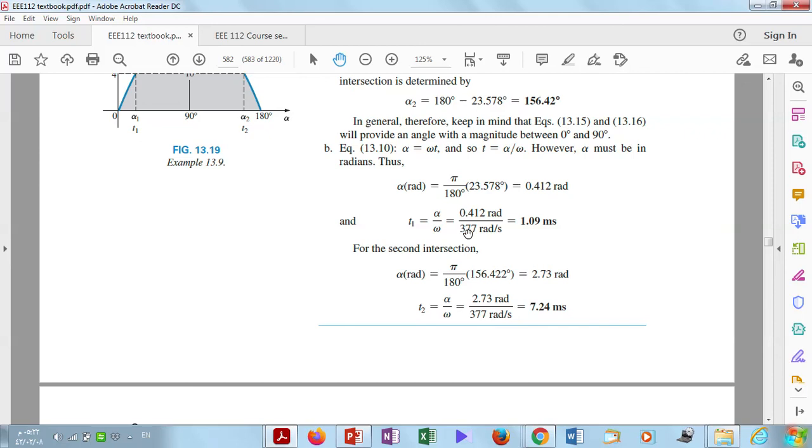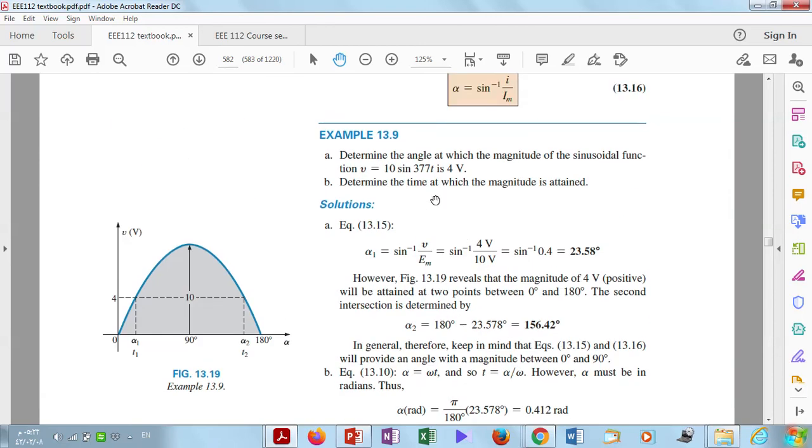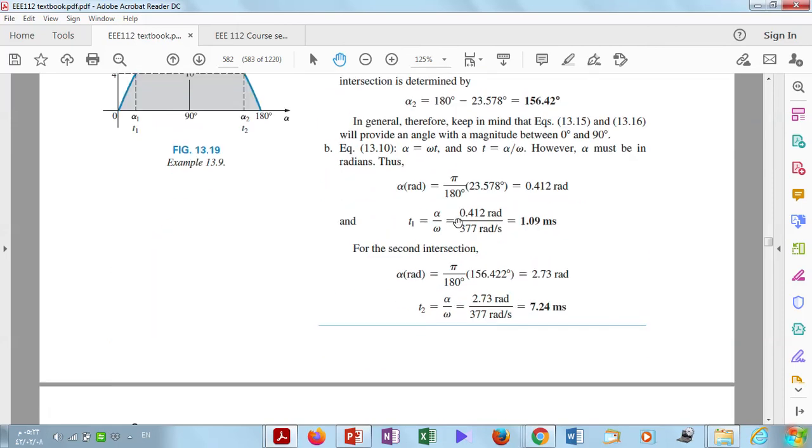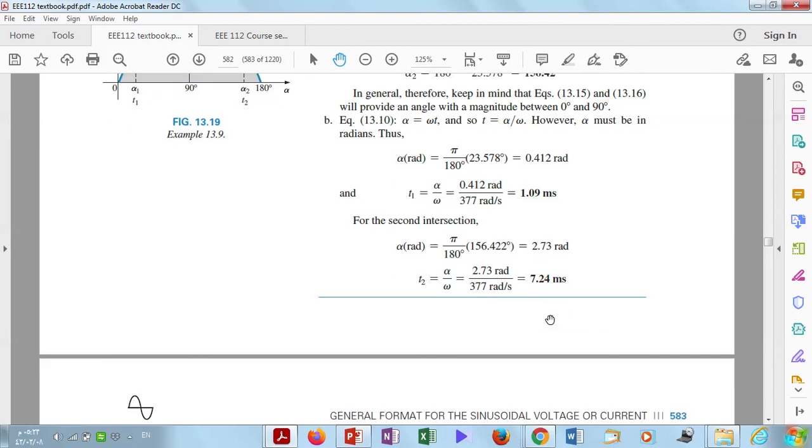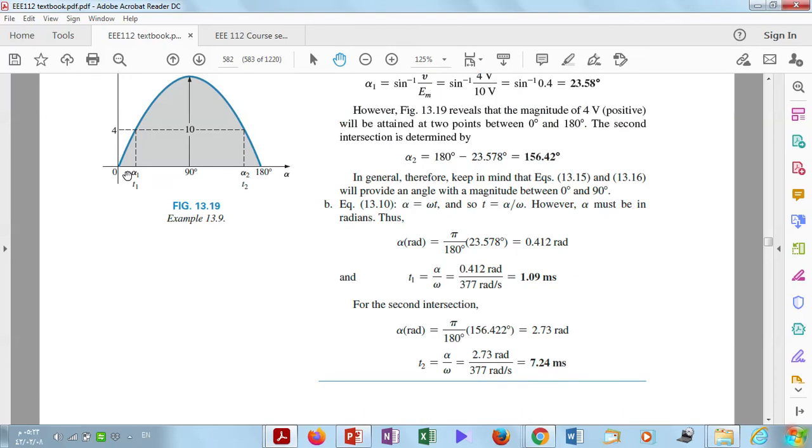Alpha in radian, omega 377 radian per second. From where do we get 377? From the question. Okay, the answer will be 1.09 millisecond. And for the other value of the angle, you will get another time. The time here was 1.09 millisecond, and here was 7.24 millisecond.